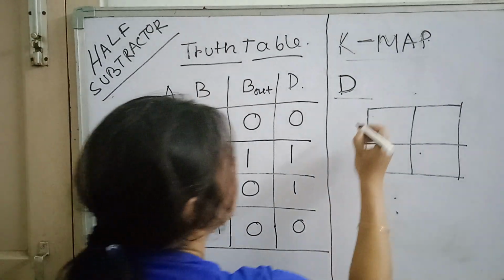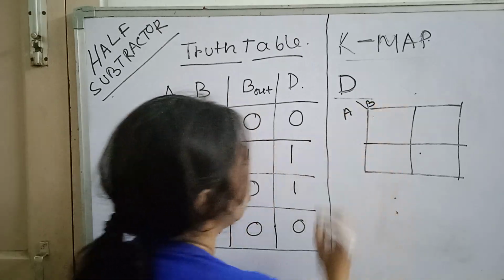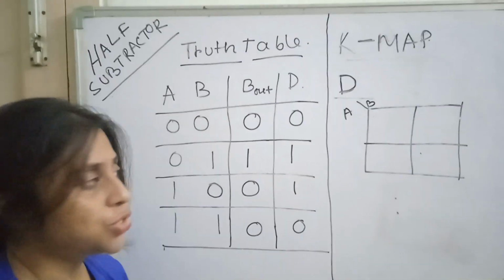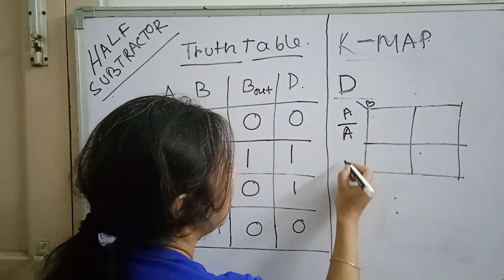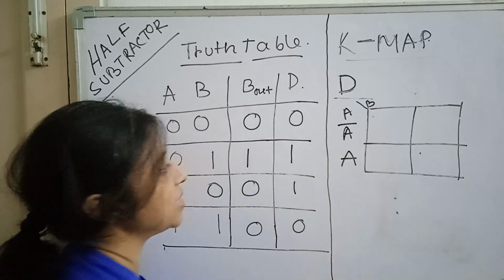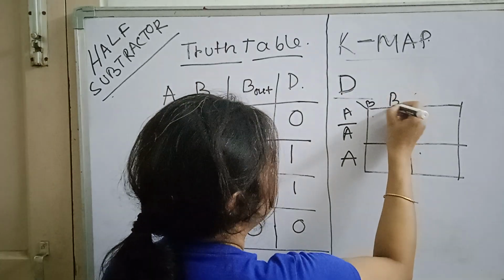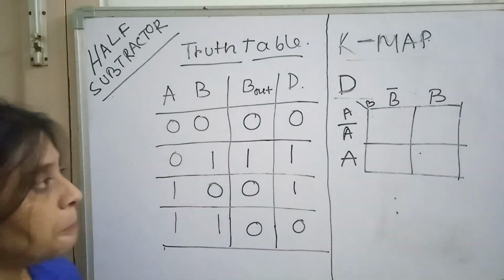Let us put the MSB variable A in rows and B in columns. The first row will be represented by A bar and the next row by A. The first column will be B bar, the next column will be B.